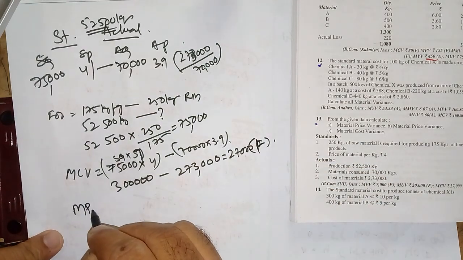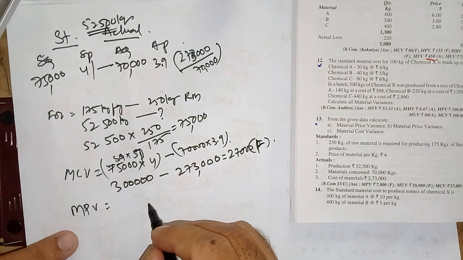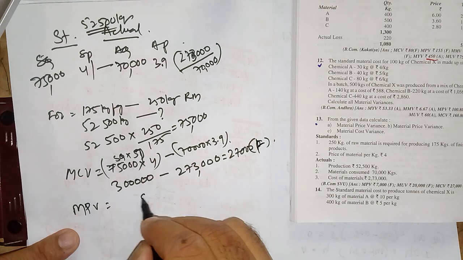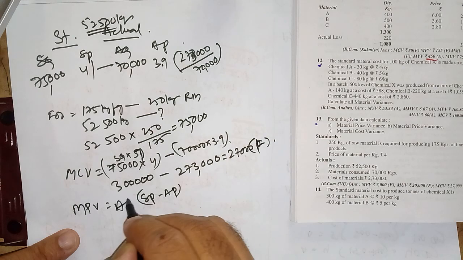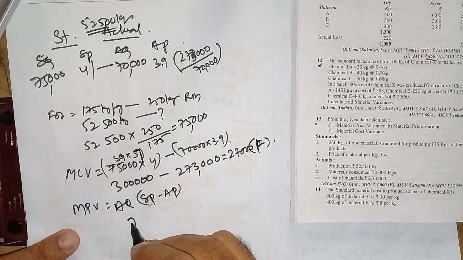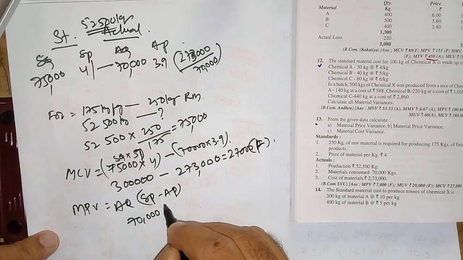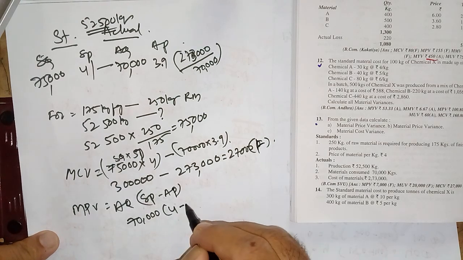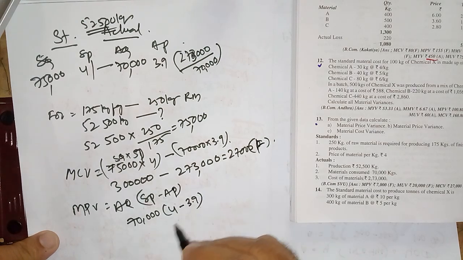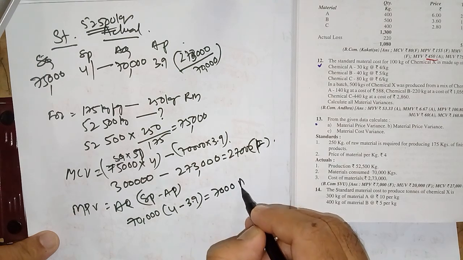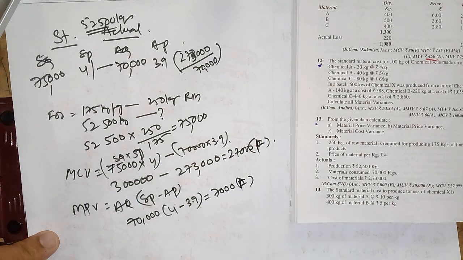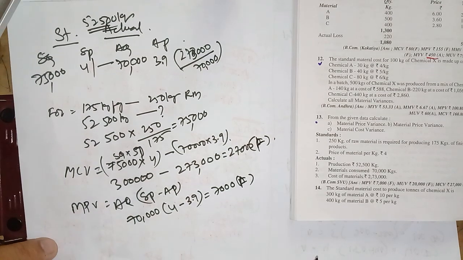Then MPV, right? So MPV is equal to SP minus AP multiplied by AQ. Actual quantity is 70,000 multiplied by 4 minus 3.9, which is 0.1, that is equal to 7,000 F we get, right? Favorable. Then MPV is done.